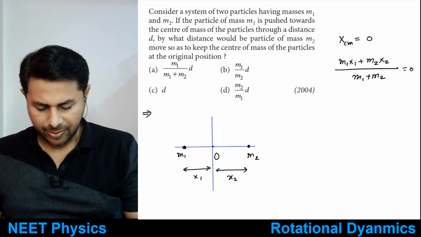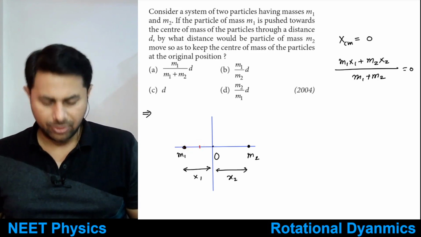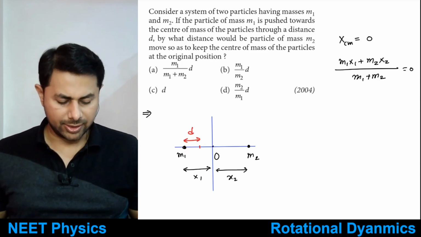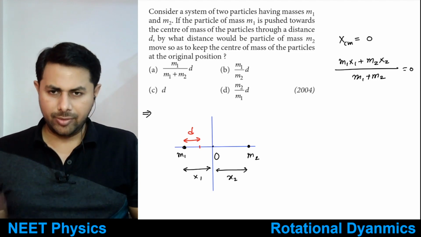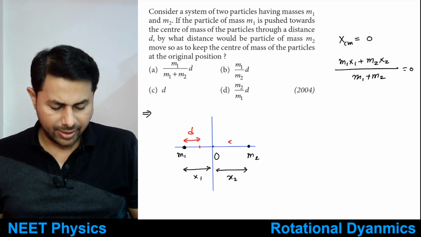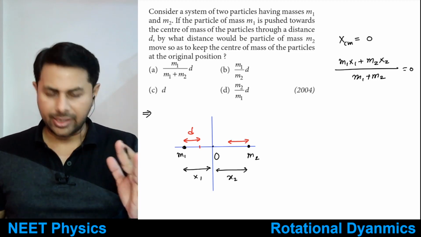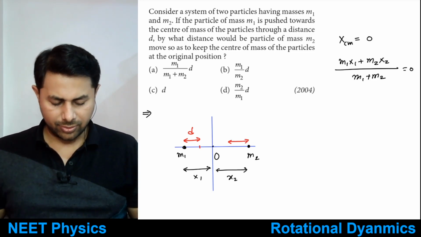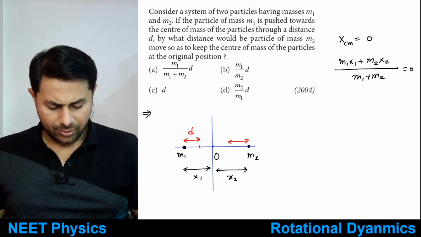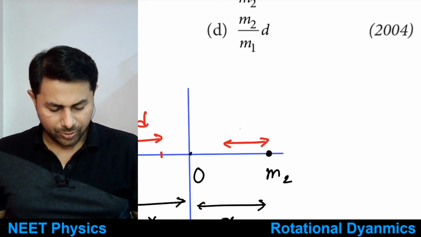So you are pushing the first particle towards the center of mass and you have moved it by distance d. This is the distance, and now because you have moved the first particle, the center of mass will change, but then you will also move the second particle, okay, so as to keep the center of mass at the same position. Now in what direction do you need to move it?